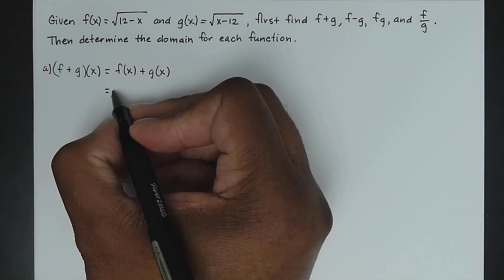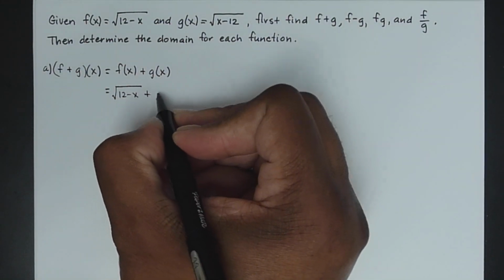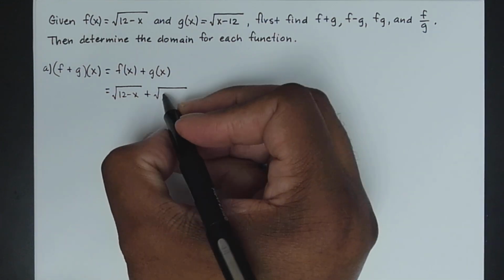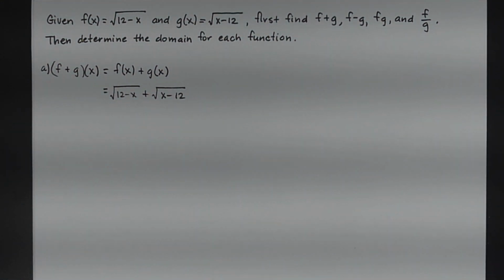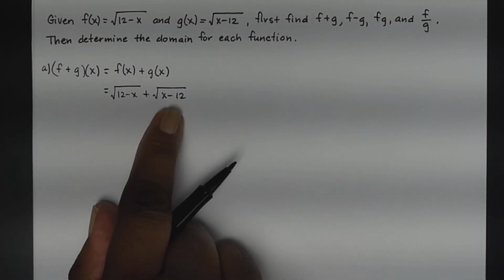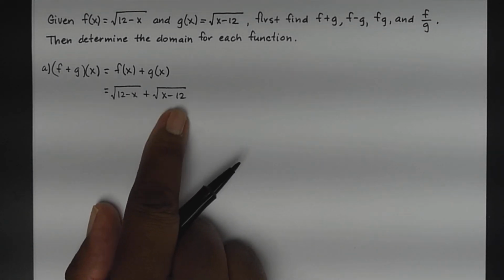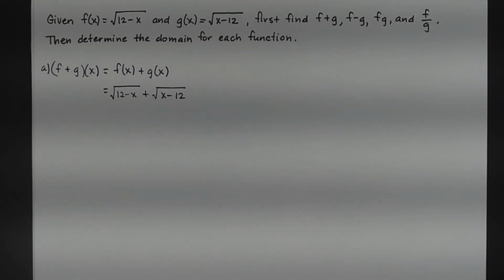And here your f of x is just simply the square root of 12 minus x plus the g of x, and that's just going to be the square root of x minus 12. That would be as far as I can go with that problem, because what's underneath the radical, underneath the square root, they're not the same. So we just leave that as is.